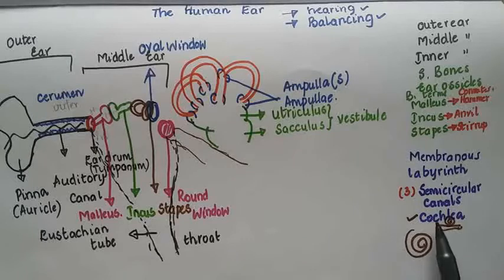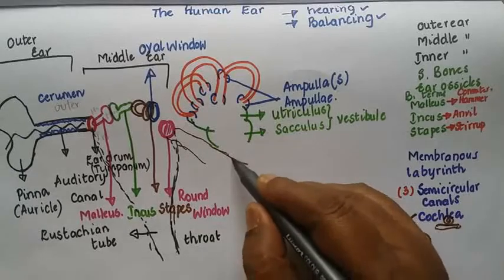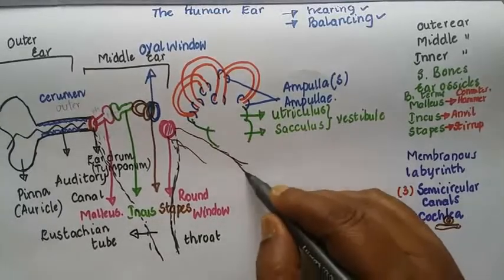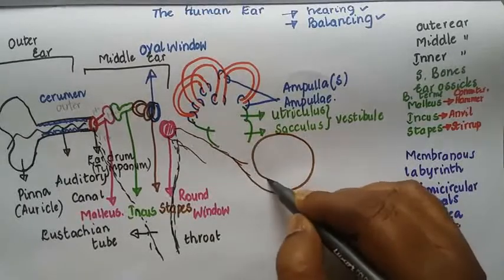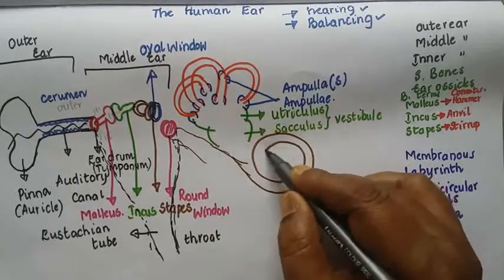So the cochlea is a spiral organ found in the inner ear. This cochlea has 2.5 turns. So this is 1, 2, followed by half.